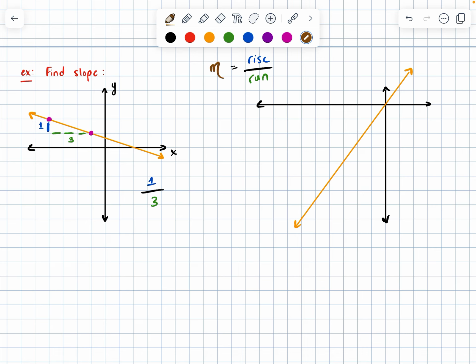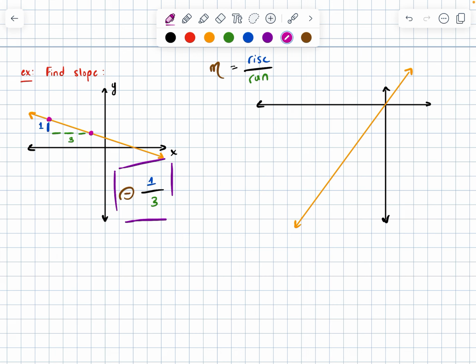Last thing I need to do, is this line increasing or decreasing? Well, if I take my finger and trace along it from left to right, my finger moves down the graph. So the slope here needs to be negative. This line has a negative slope. Negative 1/3 is its slope.